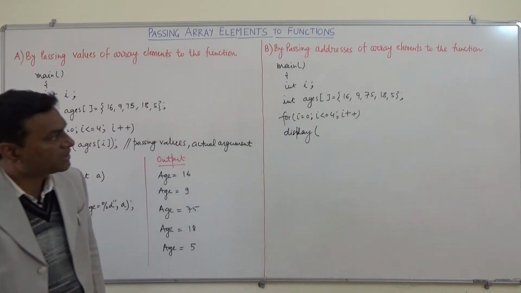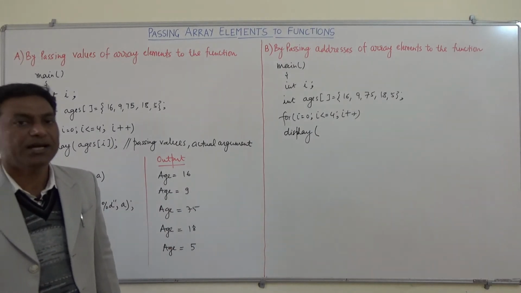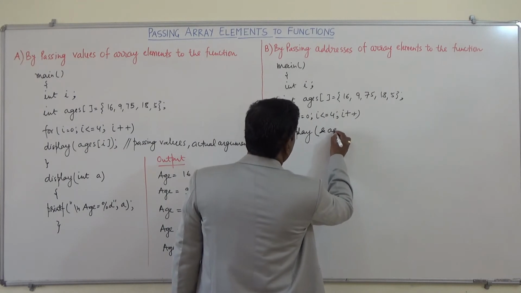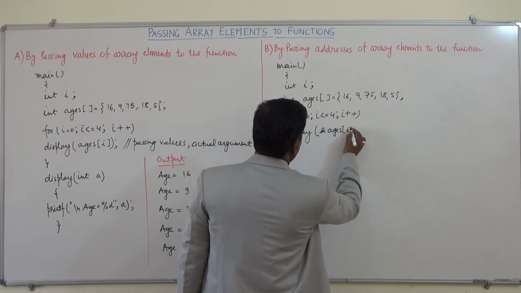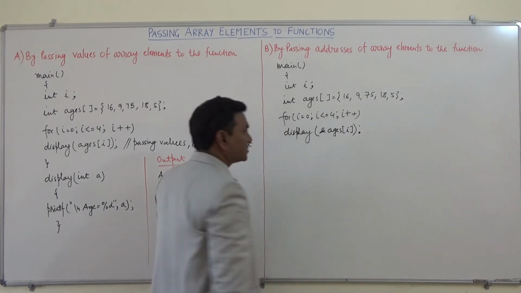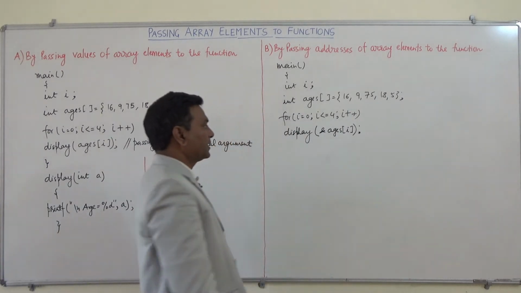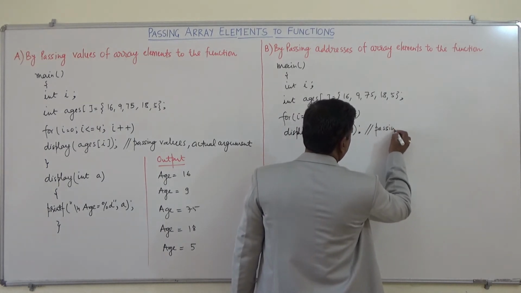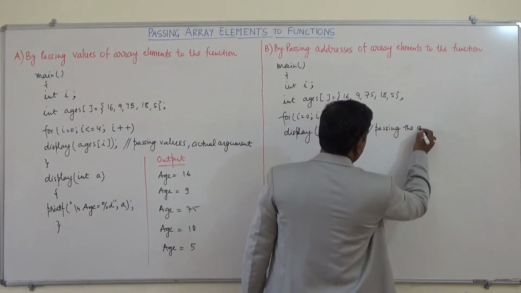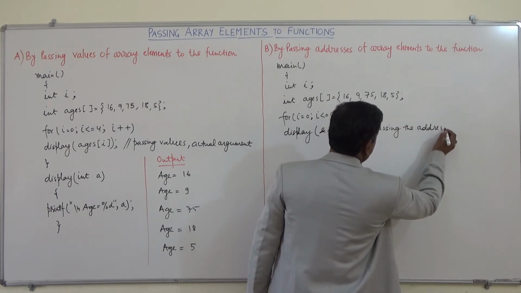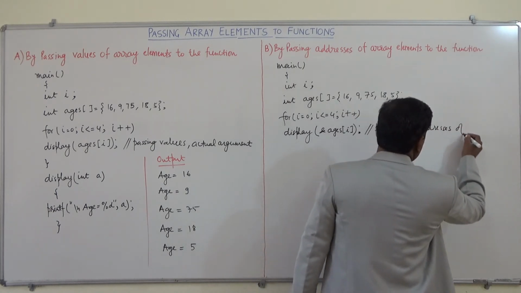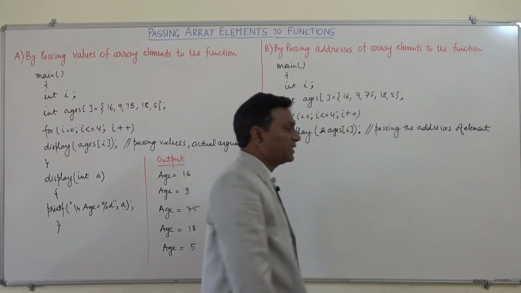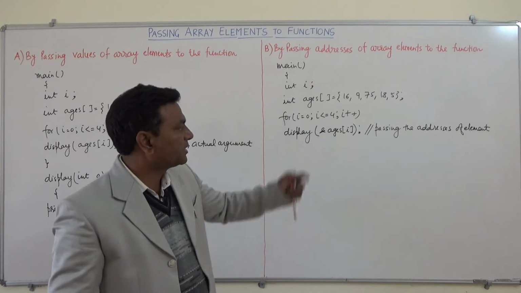Here it is to be noted that we will pass the address of this element. So we will take ampersand ages and then I. This is the important point here. Here we are passing the address of array element. We are not passing the value, rather we are passing the address.